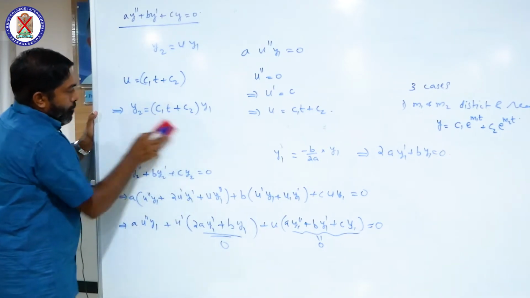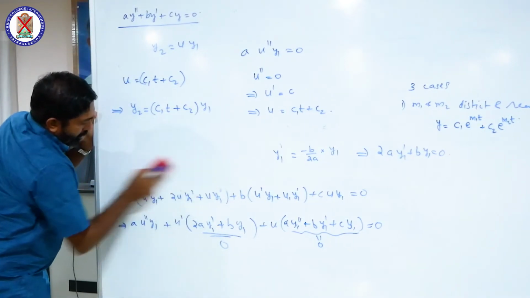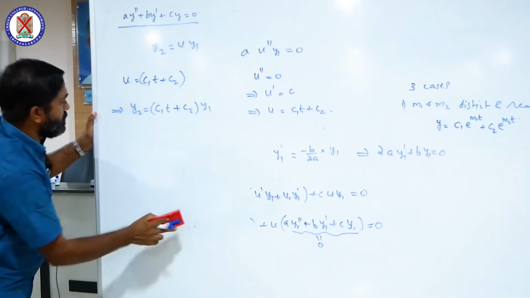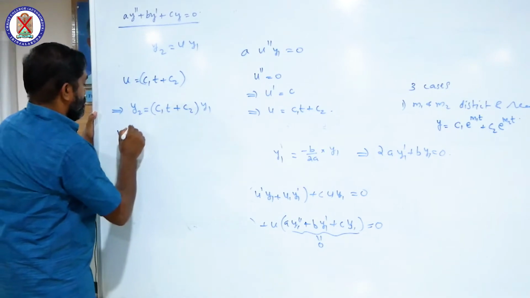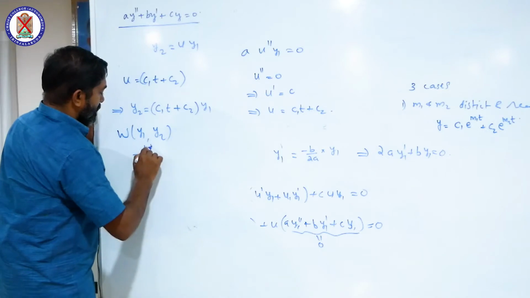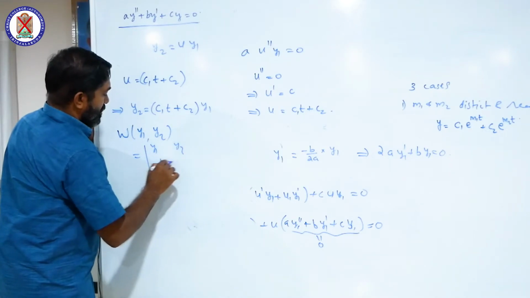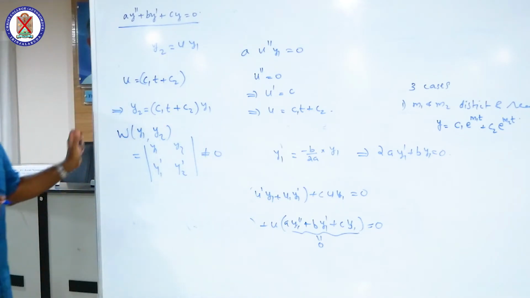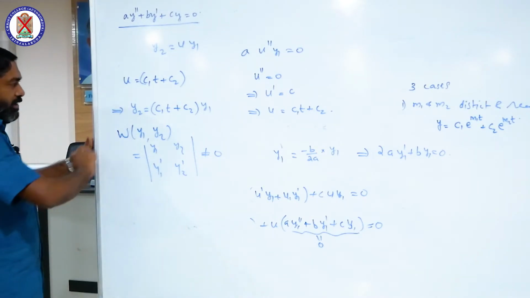So if we consider the Wronskian of y1, y2, which is equal to the determinant with rows y1, y2 and y1 dash, y2 dash, we can simply verify that it is not equal to 0. I am not going to verify this.